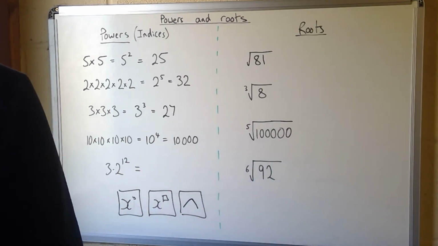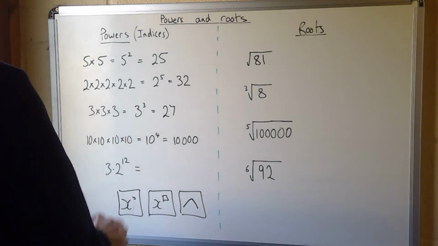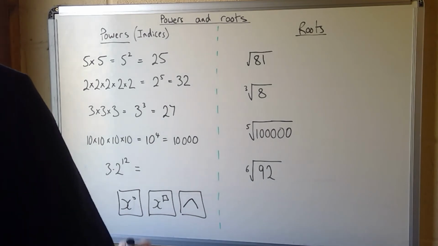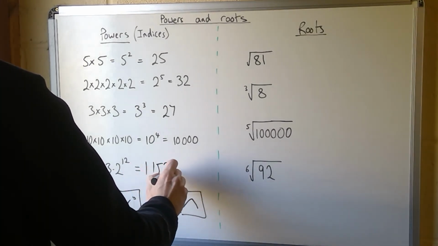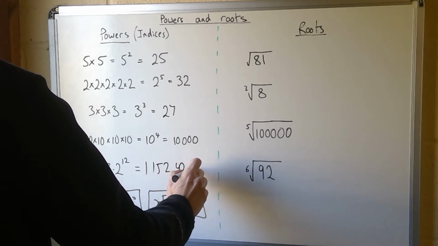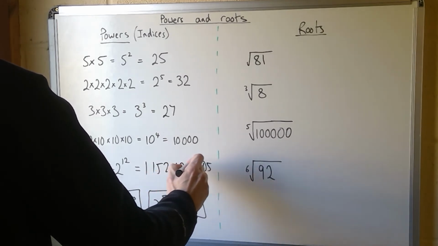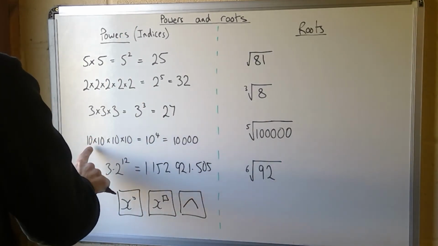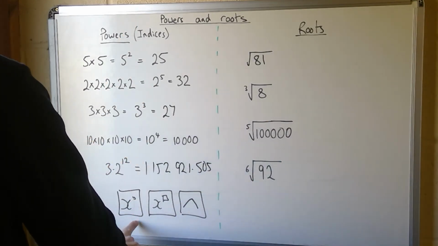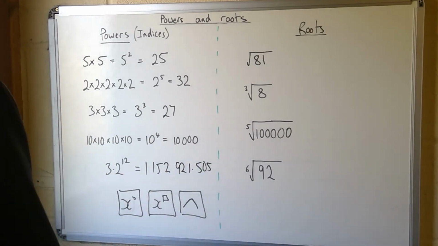So when the powers get big, you save yourself a lot of time. And 3.2 to the power 12, believe it or not, is 1,152,921.505, should you ever wish to know that. So that's powers, abbreviated repeated multiplications, and use a calculator for the more difficult numbers.